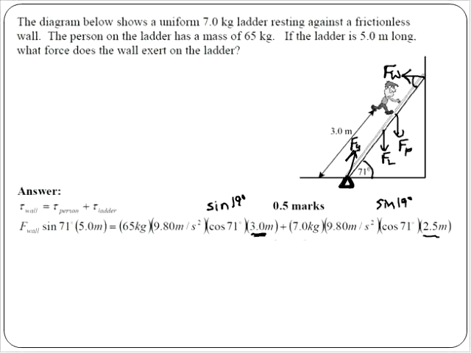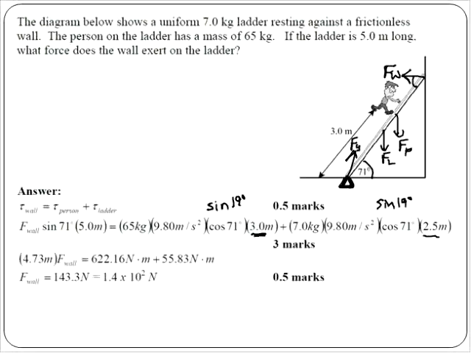And when you work the rest of that out, you get the force of the wall is 143 newtons, or 1.4 times 10 to the 2, because you're really only allowed to have 2 sig figs. But this particular one didn't grade for significant digits in units. So that's the way that one works.